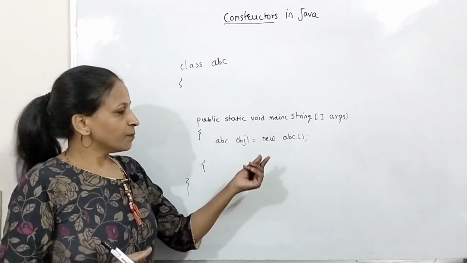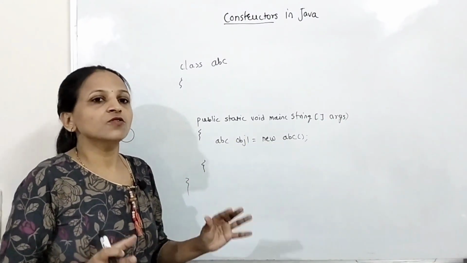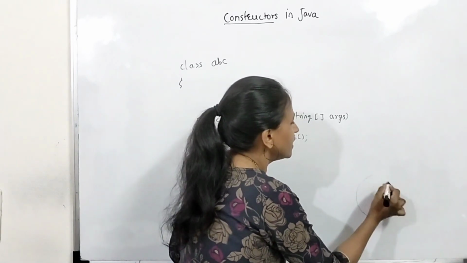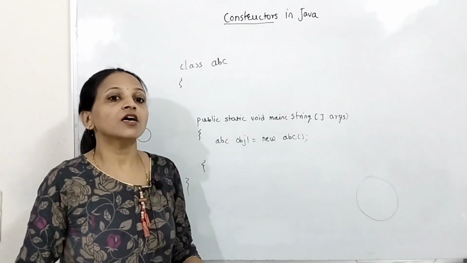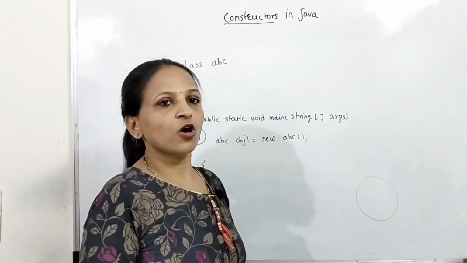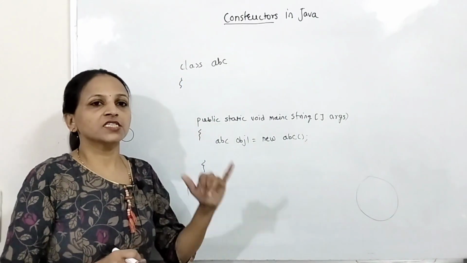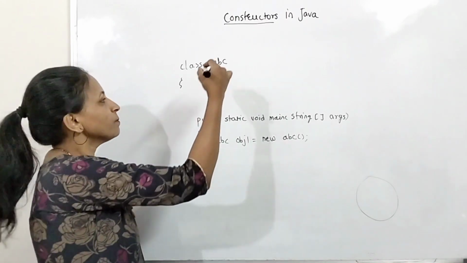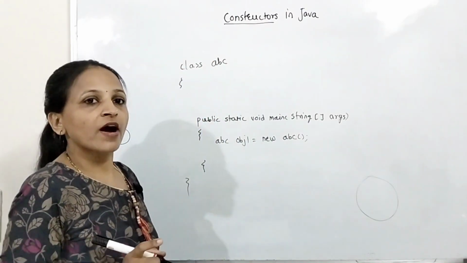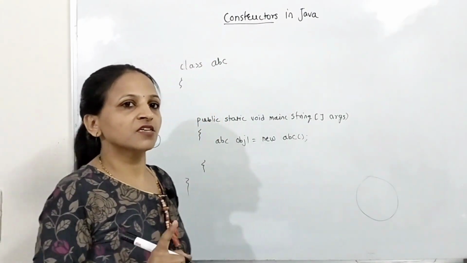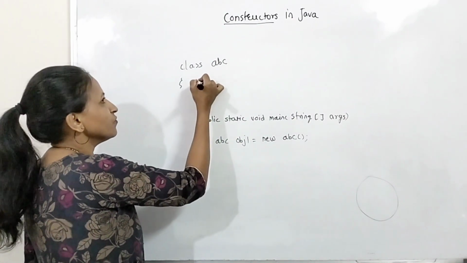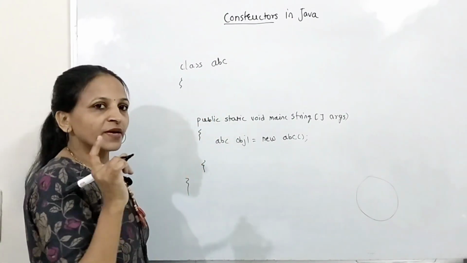What will happen? Because of the new keyword, a new object will be created, and for that object a default constructor will be called automatically, because whenever we do not write any constructor inside a class, the compiler will automatically provide a default constructor for that class. Default constructor means no-argument constructor.